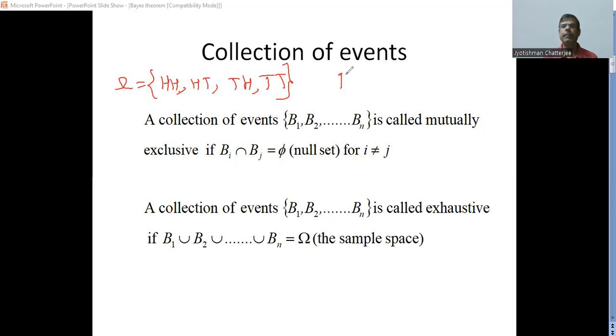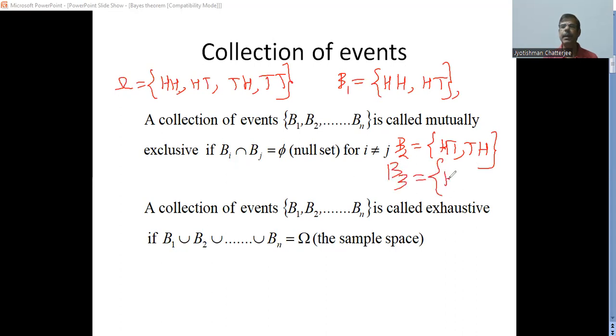Say B1 equal to HH, HT, B2 is equal to HT, TH, and B3 equal to TH and TT.